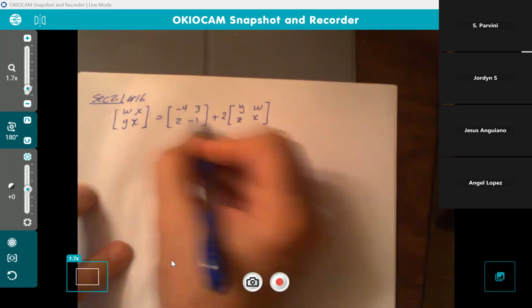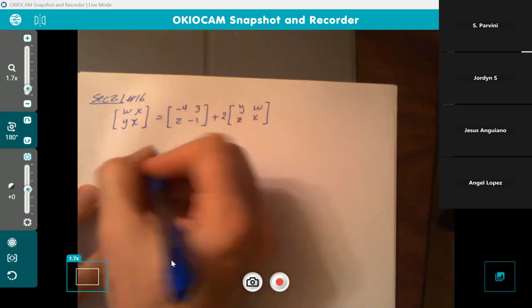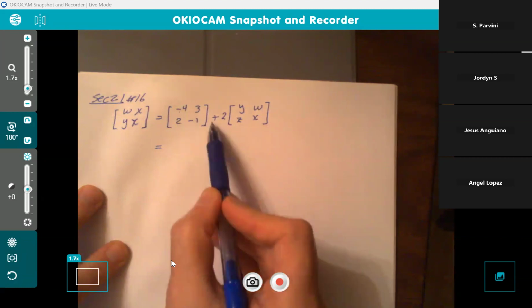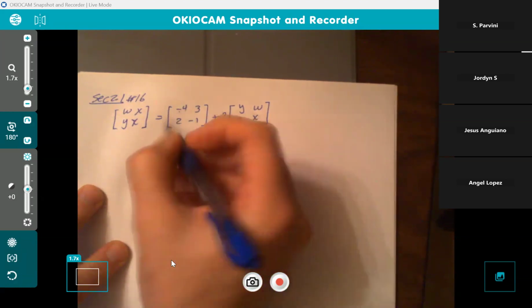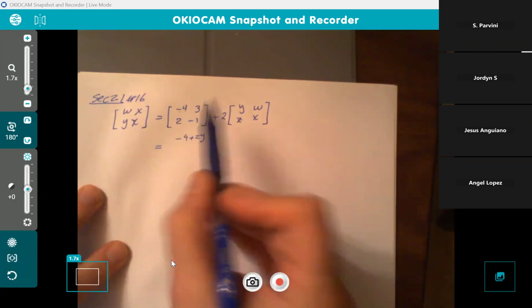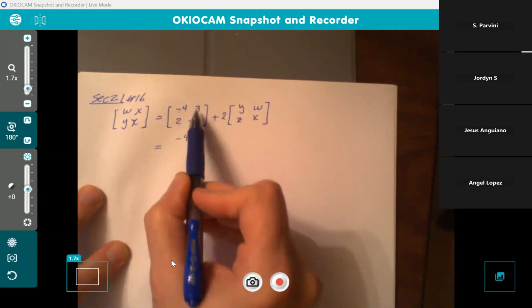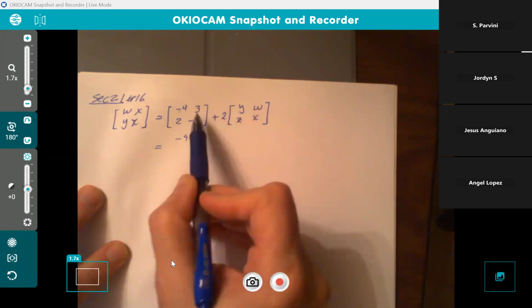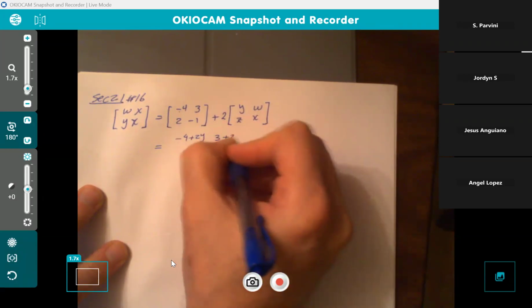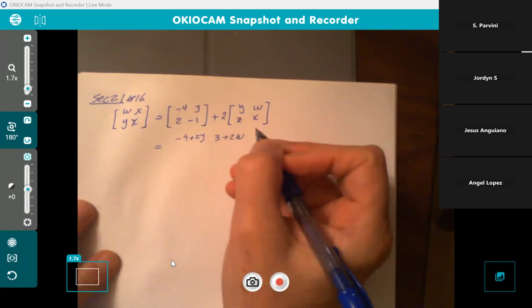So I'm going to first combine the right side. On the right side, it's -4 plus 2y. First row, second column, 3 plus 2w. Correct?